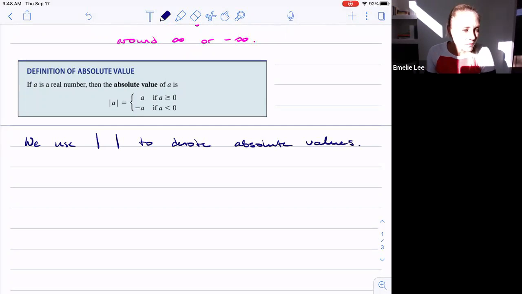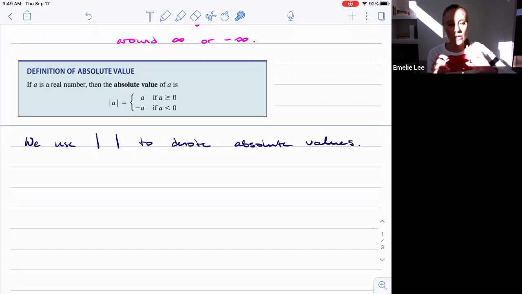One thing that's important is that this is a piecewise function, and we'll talk more about piecewise functions later, but this is the first one that we'll see. And we haven't even talked about functions yet, but we will. So I just want to get that terminology in there.